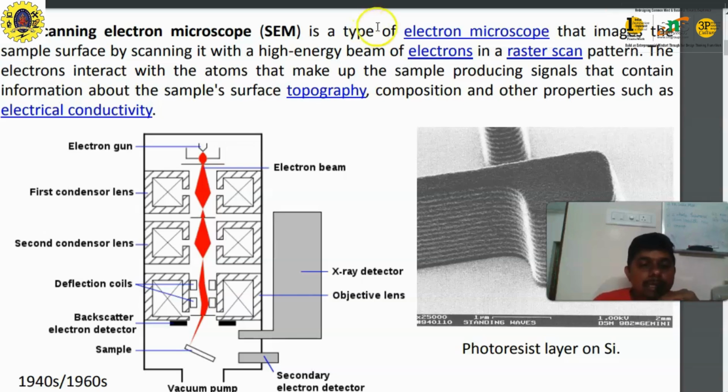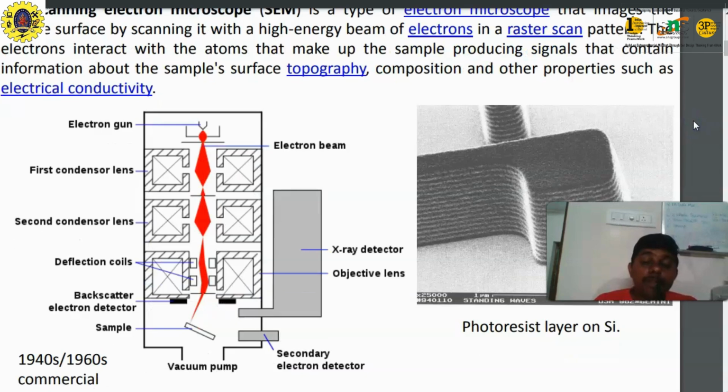In this image, the electrons get deflected, and with respect to that the X-ray detector is used. Using the objective lens, the beam is directed over the sample, and the sample is displayed with the help of the vacuum pump.